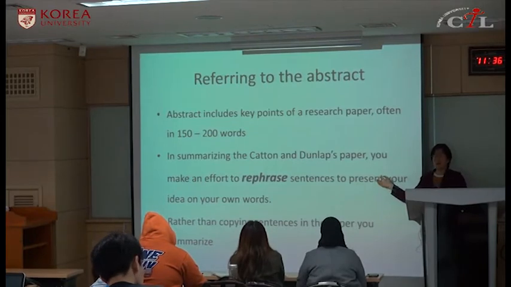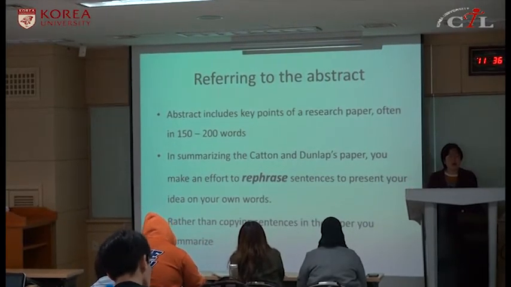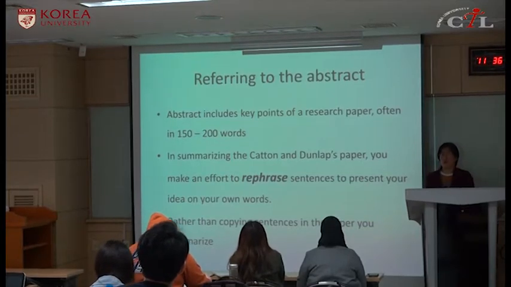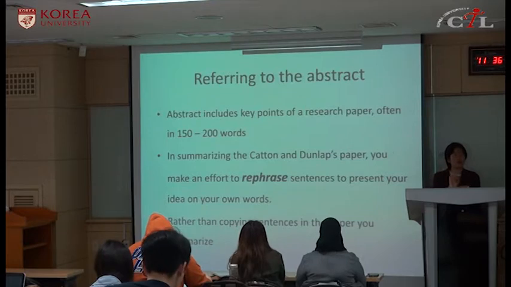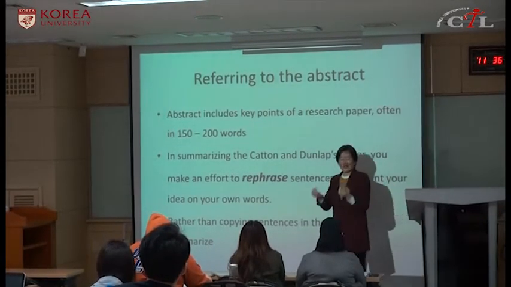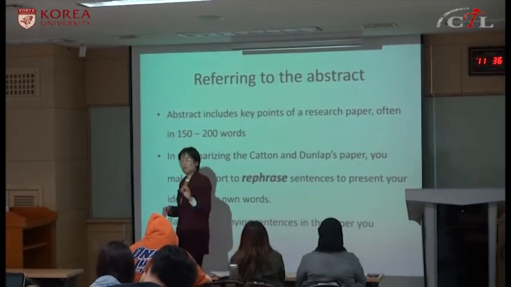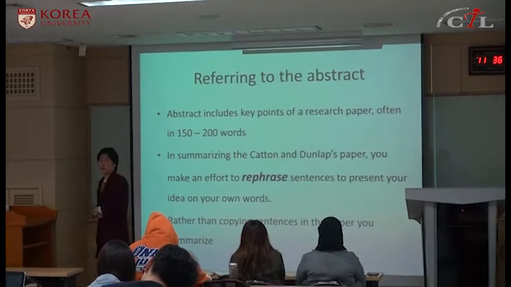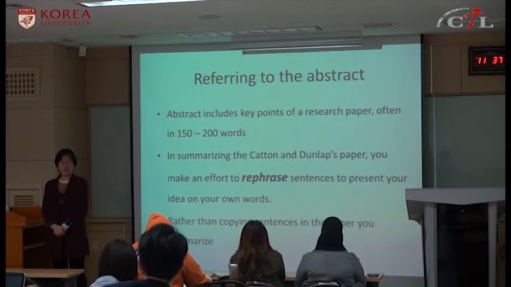To summarize the article, Environmental Sociology, A New Paradigm, I can give you some advice. You can read the abstract of the article, because the abstract normally presents the key arguments of the article in 150 or 200 words. So you can have a snapshot view with the abstract.